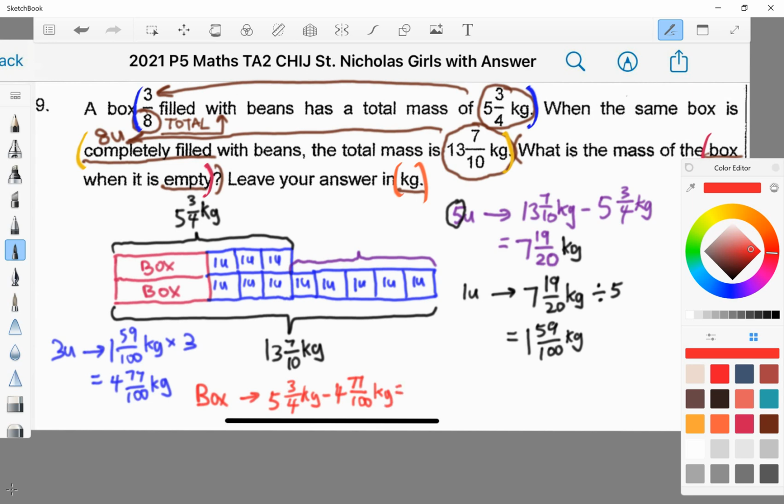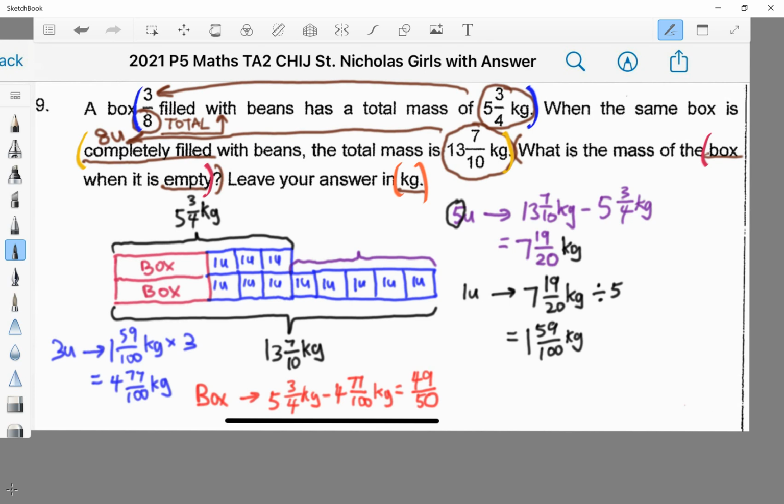Okay, let's find out together. So we got to key it into the calculator nicely, our scientific calculator. And I realized that it's actually 49 out of 50. So we have actually managed to find our answer. We have found the answer, and the answer is 49 out of 50 kilograms.